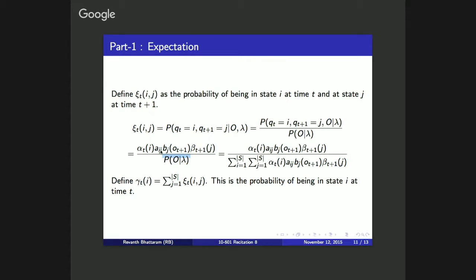So we multiply the alpha variable, which is going to encode everything that we've observed until time step t. I've observed everything up to time step t and ended up at state i. What is the probability that I'm now going to transition to j? And given that I'm in j, what is the probability that I'm going to see that observation, O t plus 1?